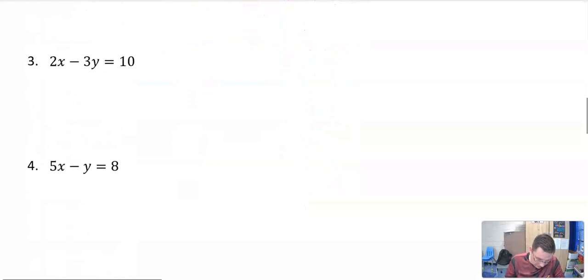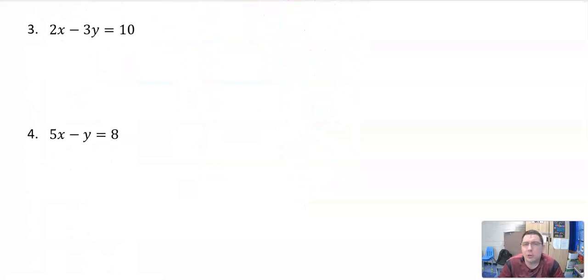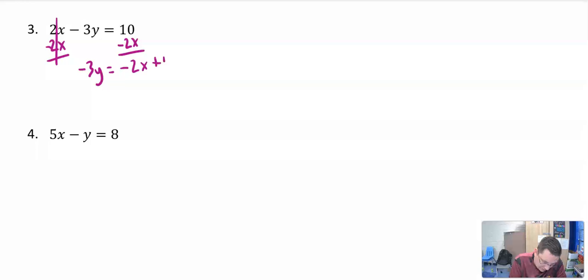Now let's look at example 3 and example 4. In those two examples, it's in standard form, so we've got to do a little bit of work to find the slope. We've got to solve it for y. And so my first step, minus the 2x from both sides, that will cancel, gives us negative 3y is equal to negative 2x plus 10. And then I'm going to divide both sides by the negative 3. And remember, what you do to one side, you have to do to both, right?